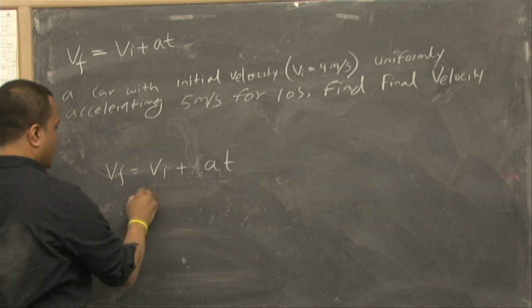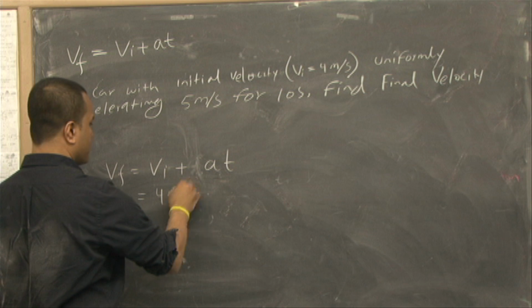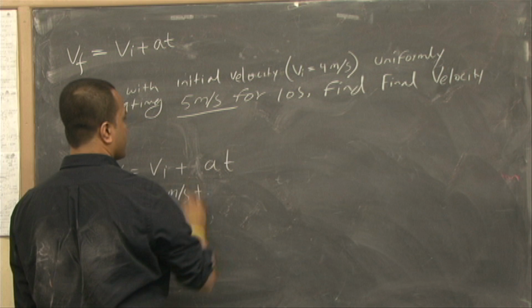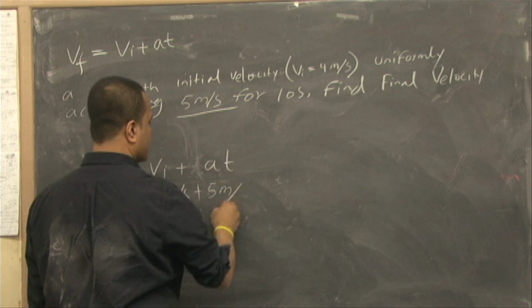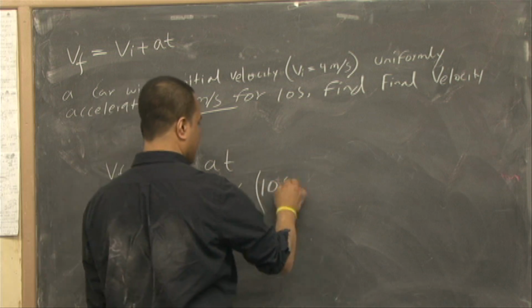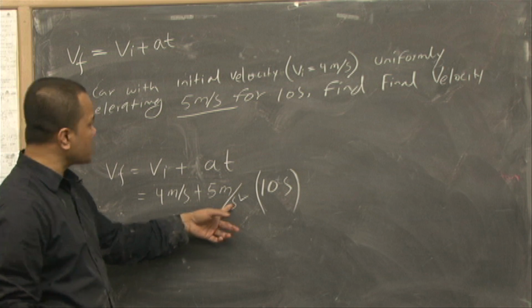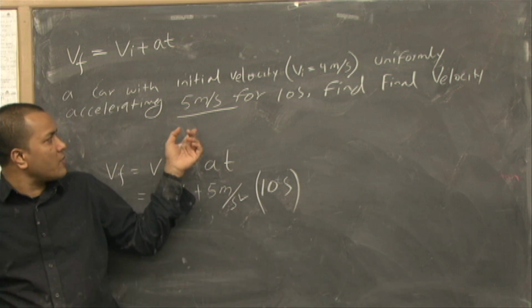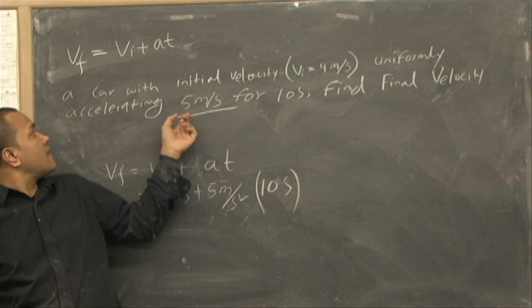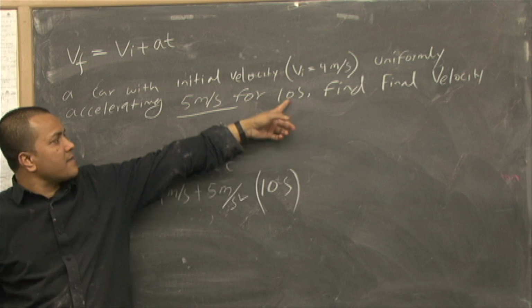So what is initial velocity? Initial velocity is 4 meters per second plus a is 5 meters per second squared and t is 10 seconds. Why is this 5 meters per second squared? Because the car was accelerating for 10 seconds. So we have to keep that in mind.